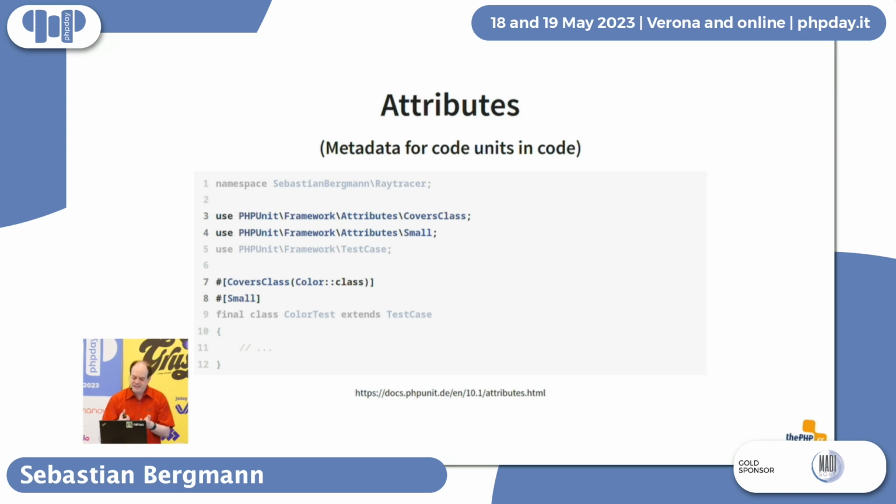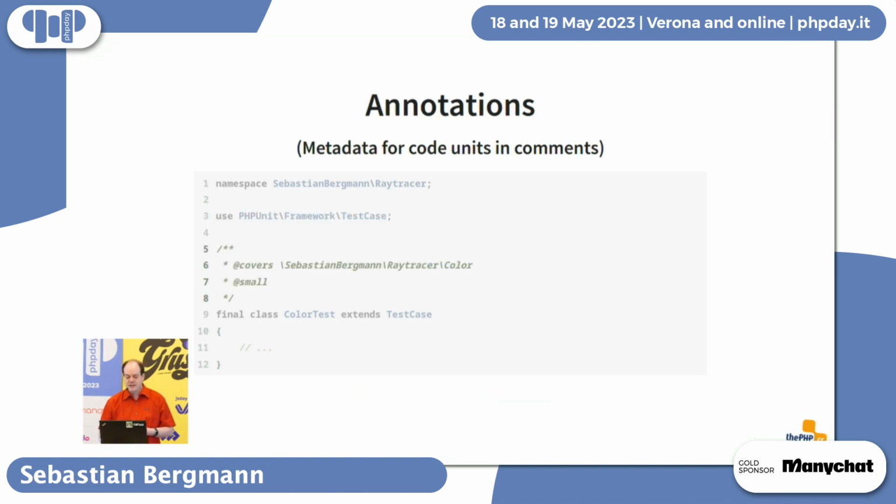And things like fully qualified class names in code comments are no longer a thing, because this is syntax, and this is syntax where you can use local names, like in line, I don't know, line 7, I say, hey, I'm interested in color::class, and I can use the special class constant that contains the fully qualified class name, because this is real code, this is real syntax.